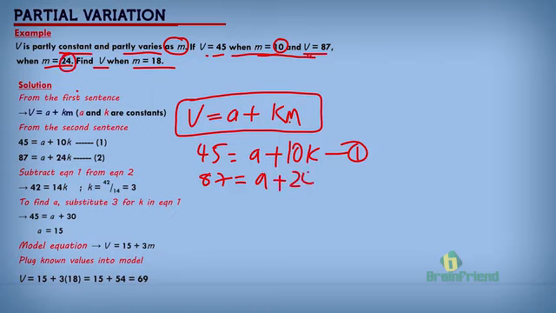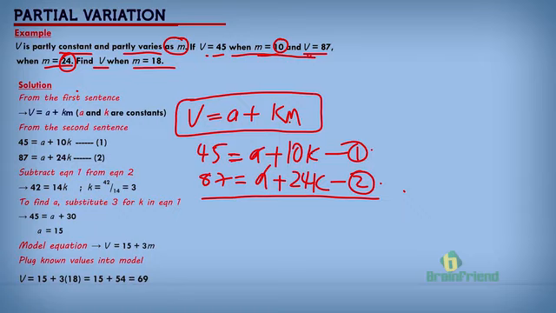So we have 24K. Equation 2. To solve this, we make use of simultaneous equations, which we learned in one of our earlier videos. Okay? So we simply subtract equation 1 from 2, and in doing that, A will be eliminated, so we can easily find our value for K.